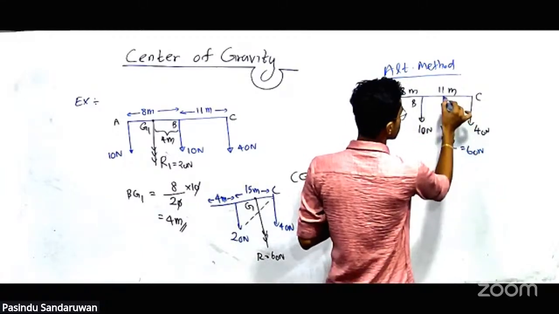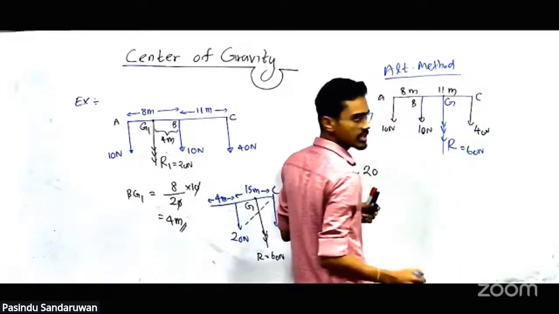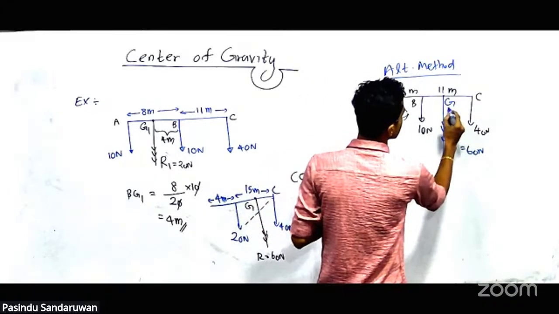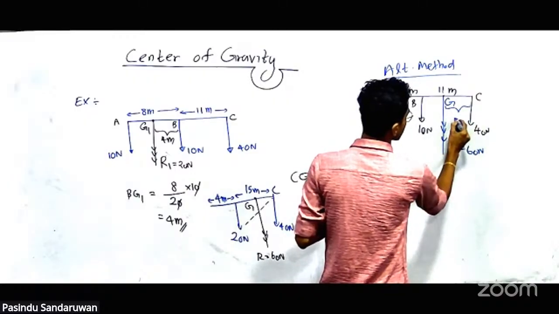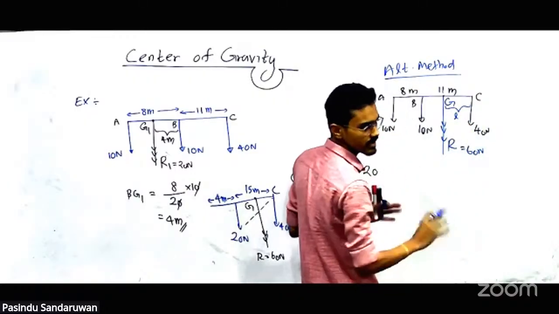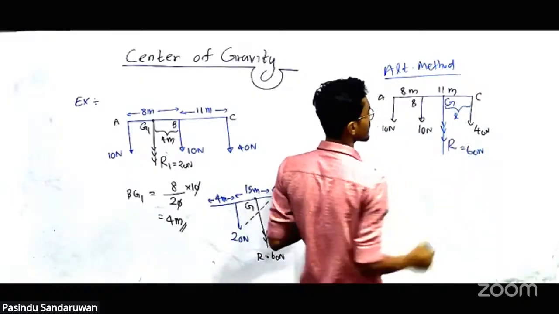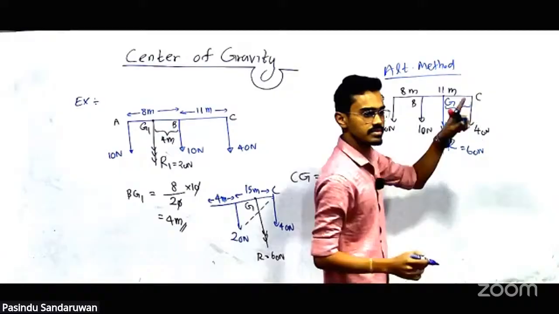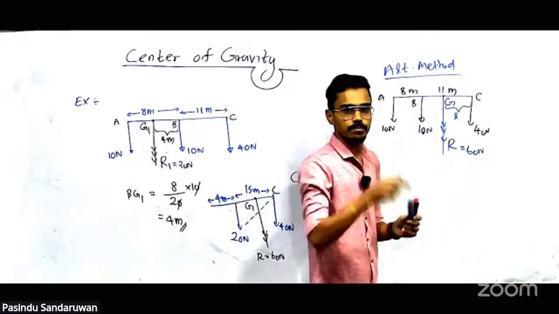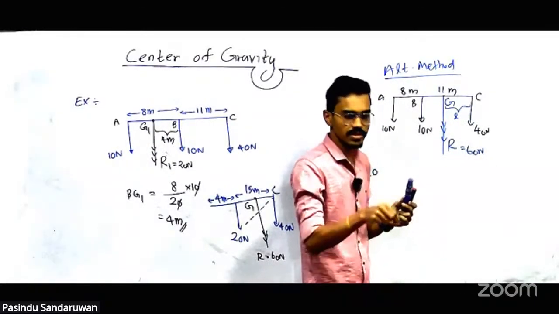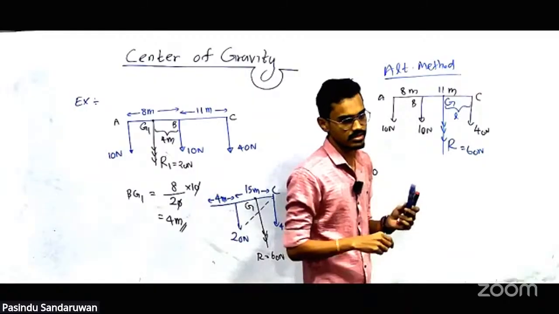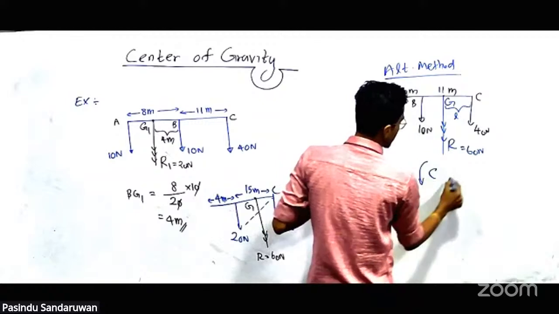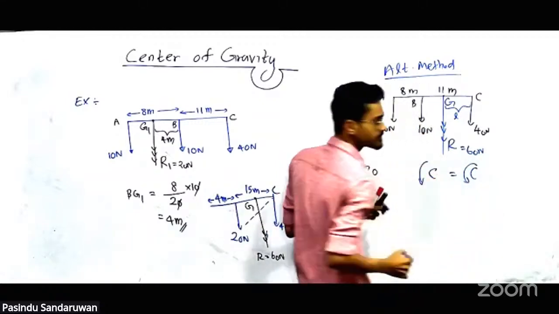Since I need this, let's say G. Or else, if you are familiar with something like this, put L O X or something like that. That is also fine. Otherwise, you can write CG, that is also fine. Now, since I need the distance from CG, I'm going to consider point C as my chosen point for force moments. All forces are rotating in the anti-clockwise direction about C. Got it?